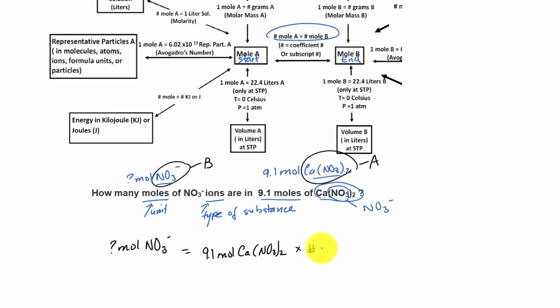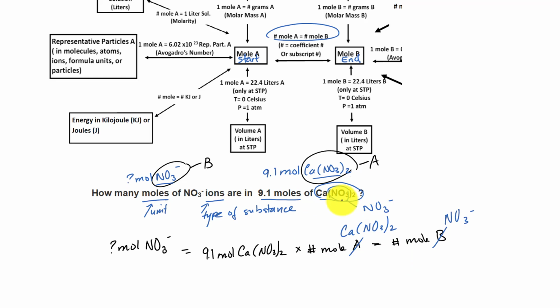In this case, number of mole A equal to the number of mole B. Now I'm going to go back and substitute in what I know about this conversion factor. Well, I know A is the chemical of the given, which in this case is Ca(NO3)2. And my B is the chemical of the unknown, which in this case is NO3 minus. Okay? And what about the number of moles on both sides?